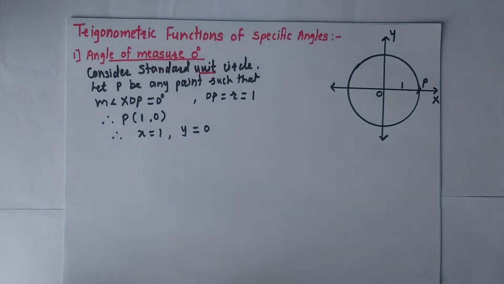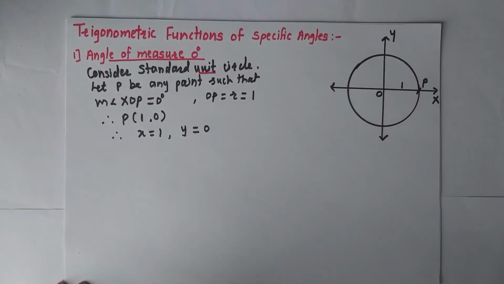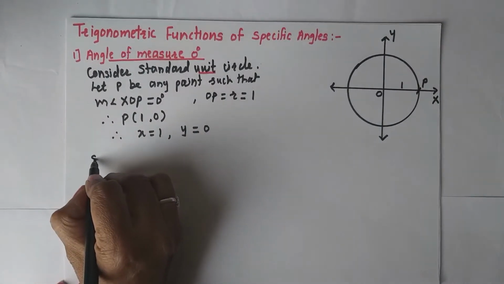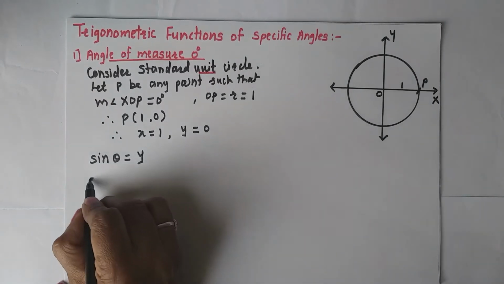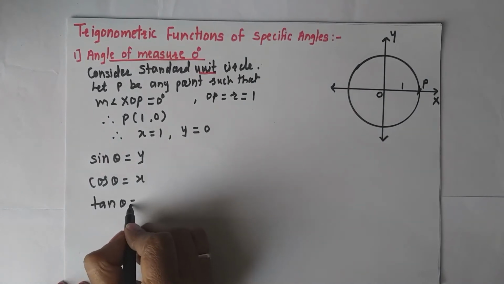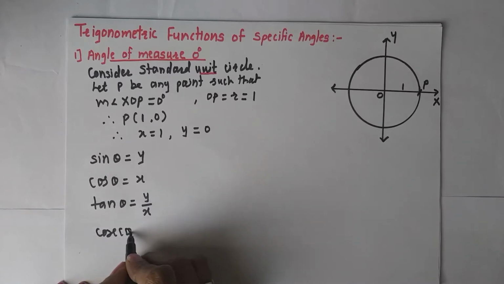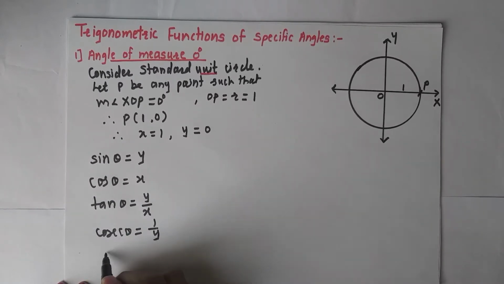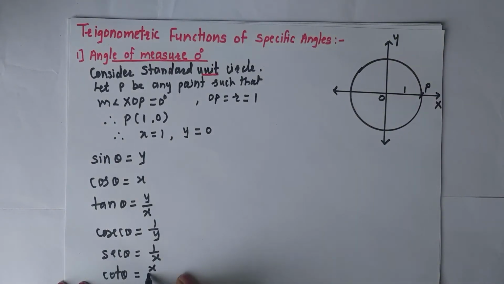In our previous lecture, we have seen that if it is a standard unit circle, then trigonometric functions are: sin theta is y, cos theta is x and tan theta is y by x. Then cosec theta is nothing but 1 upon y, sec theta is 1 upon x and cot theta will be x by y.